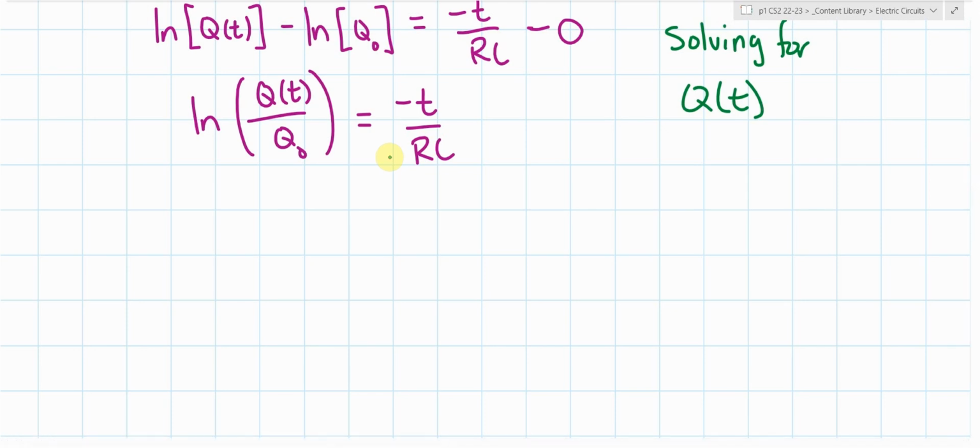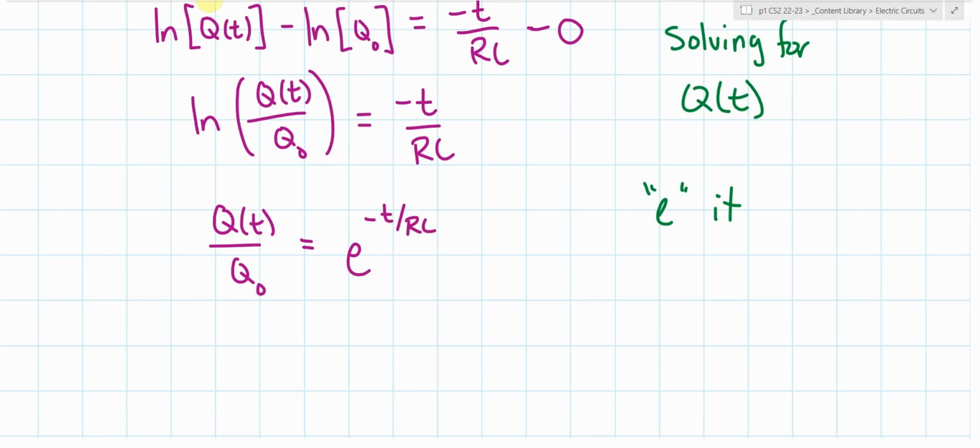If you do that, it gets rid of the natural log. You take everything e to that power, and it leaves what was in the natural log behind, and you have to do it to both sides, so the other side ends up being e to the -t over rc power.